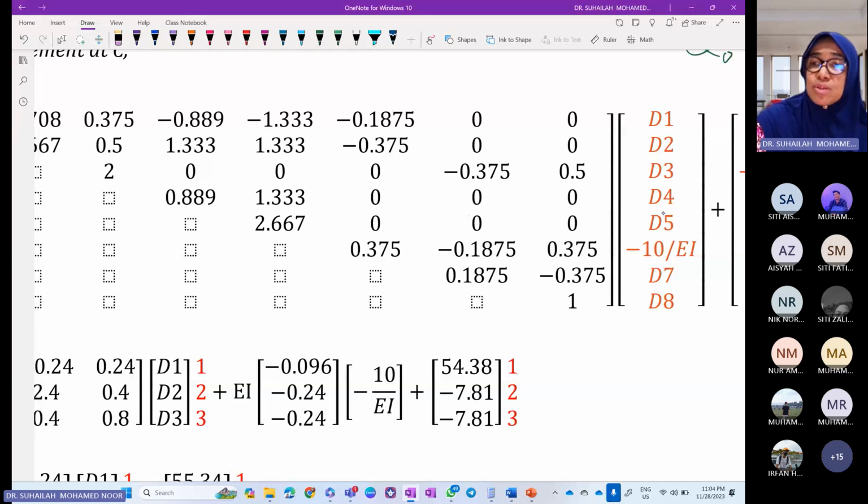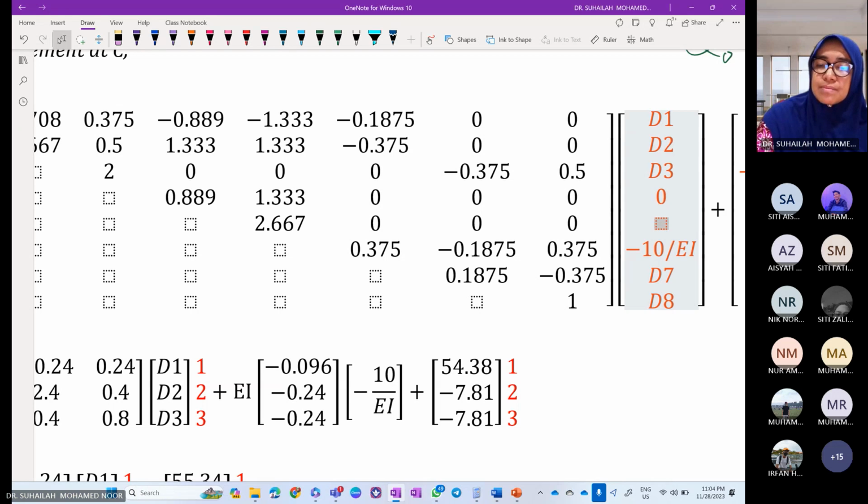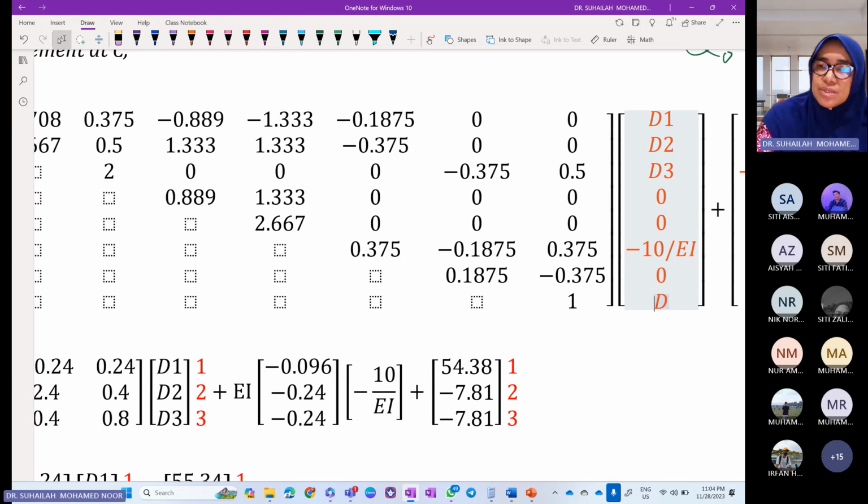Kecuali 1, 2, 3. 1, 2, 3 is yang kita nak calculate. So D4 masih 0. D5 also 0. D8 also 0. Anyway, dia akan depending kepada kat mana you label, what is the label that you use.